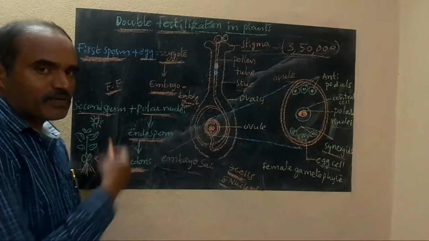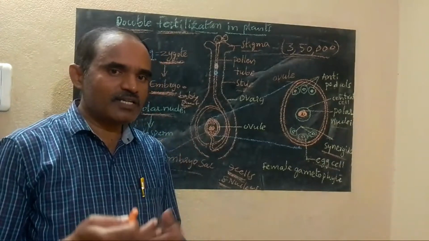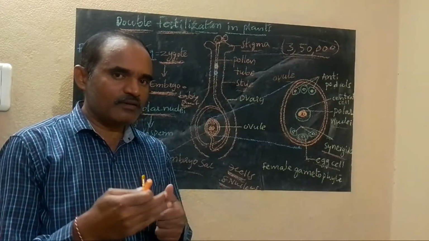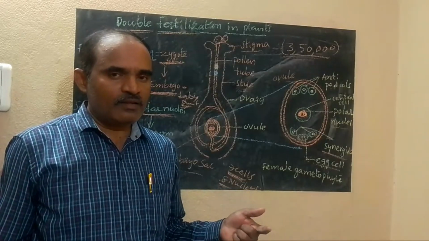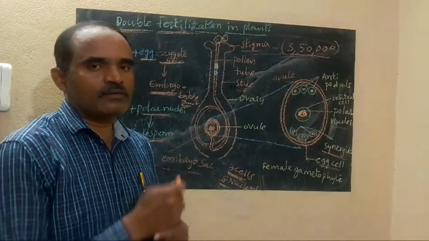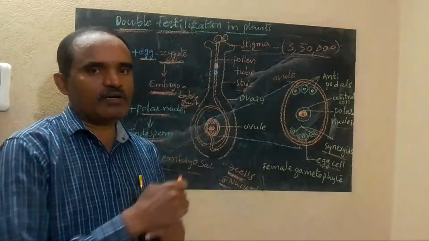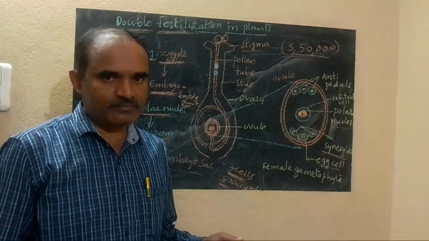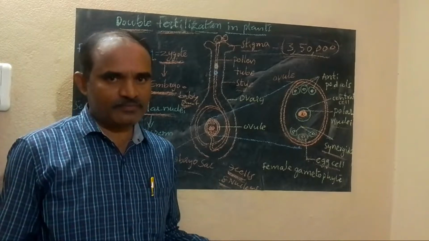So after fertilization, what is happening? After fertilization, the parts of the flower will fall off, like stamen, stigma, style, and also petals and sepals.